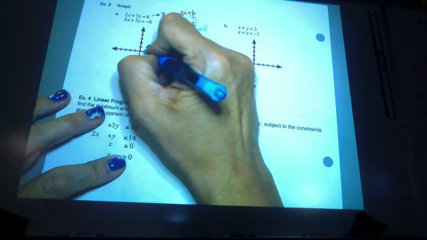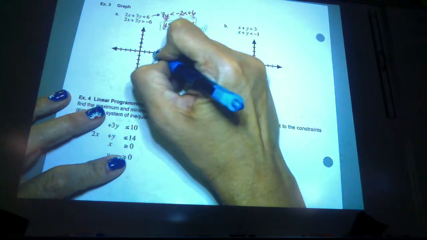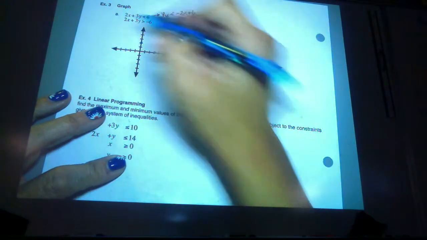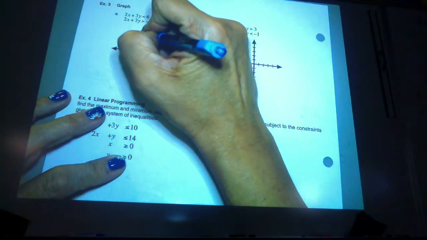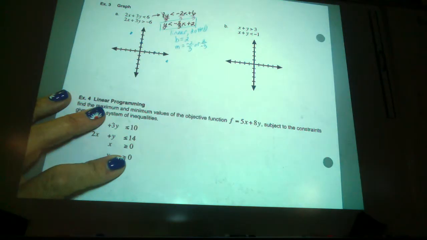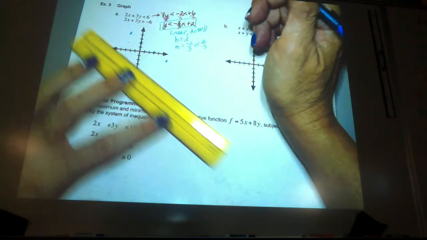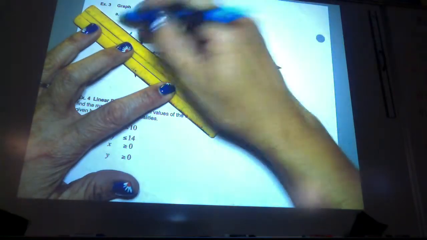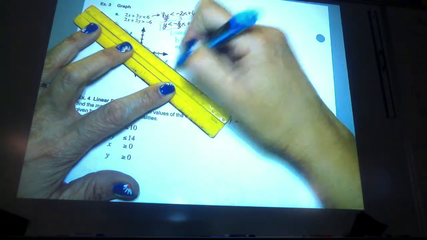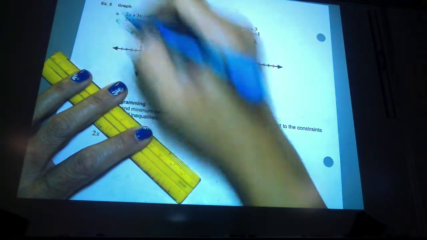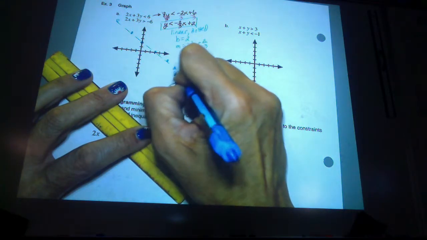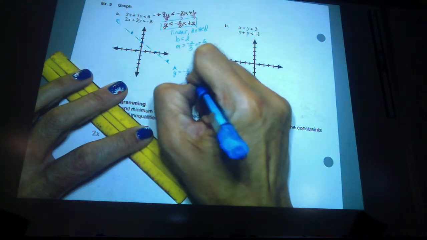So down 2 to the right 3, or you can go up 2, but to the left. And so label this y equals negative 2/3 x plus 2.